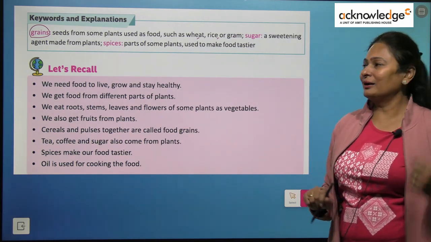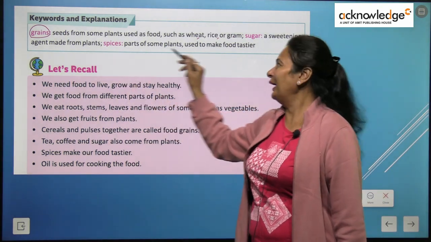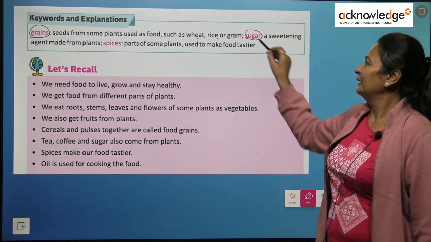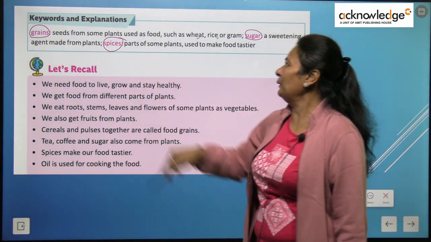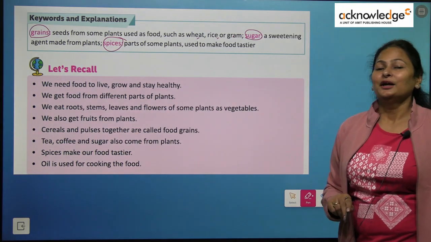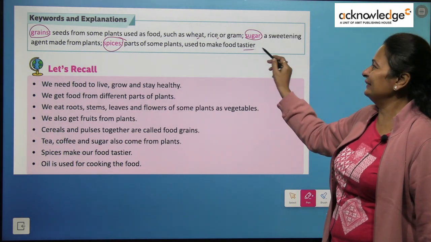Sugar. Sugar is what? A sweetening agent made from plants. Got it, kids? Next is spices. Spices are again parts of some plants used to make food tastier.